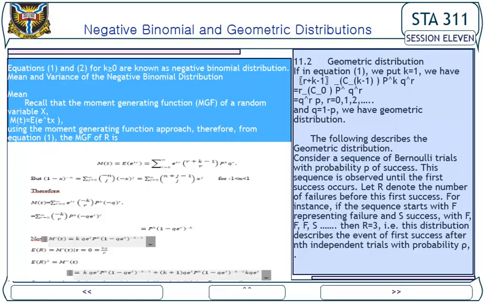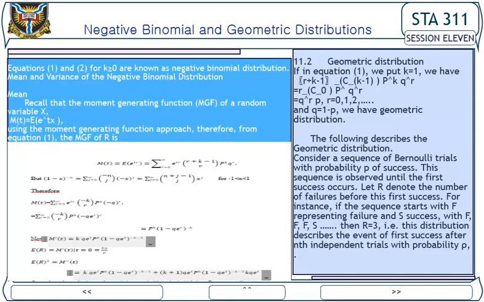Geometric distribution. If in equation 1 we put K equal to 1, and Q equal to 1 minus P, we have the geometric distribution. The following describes the geometric distribution. Consider a sequence of Bernoulli trials with probability P of success. This sequence is observed until the first success occurs.